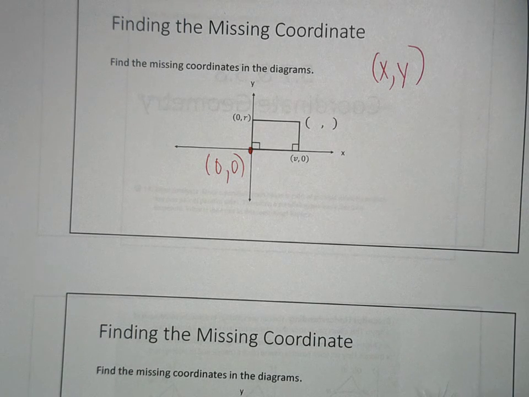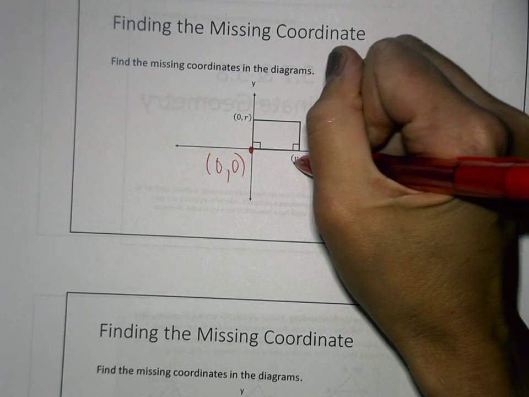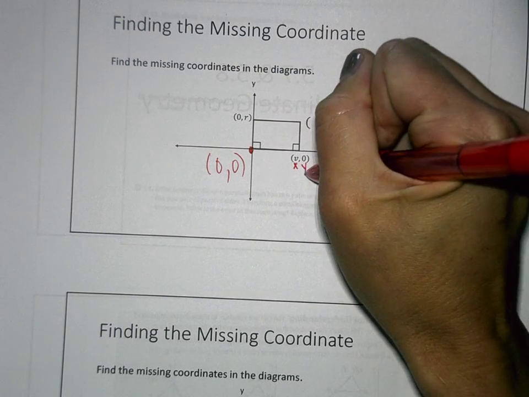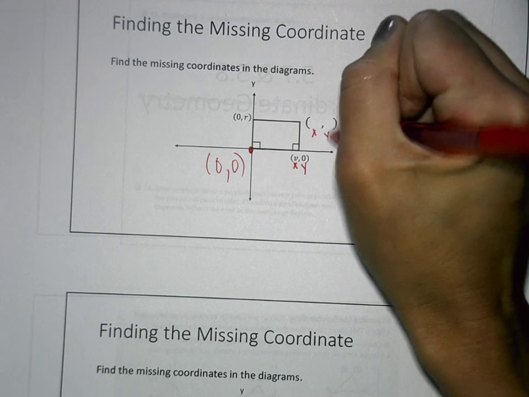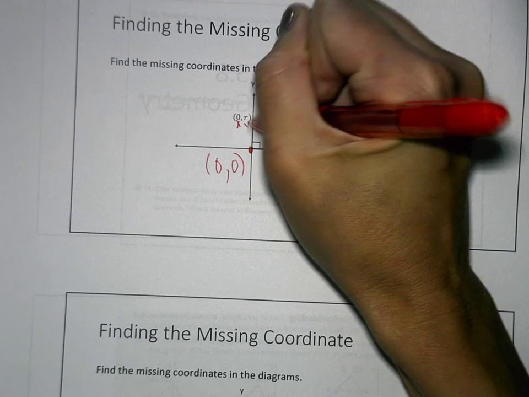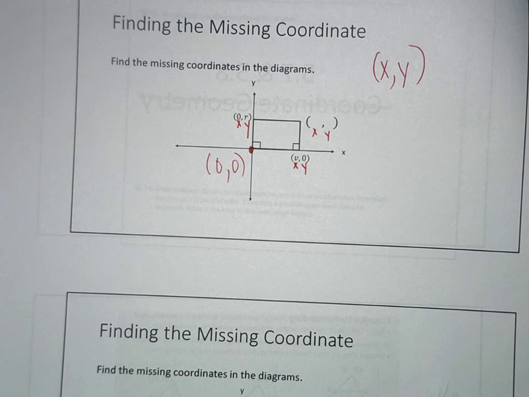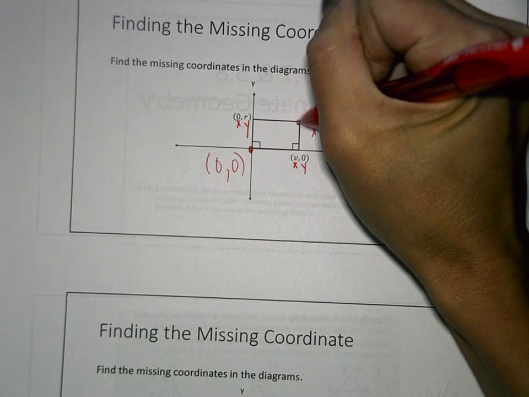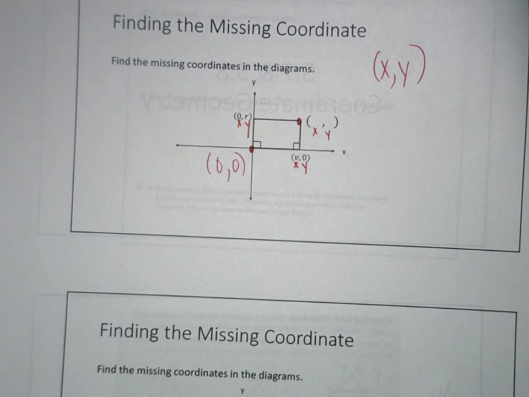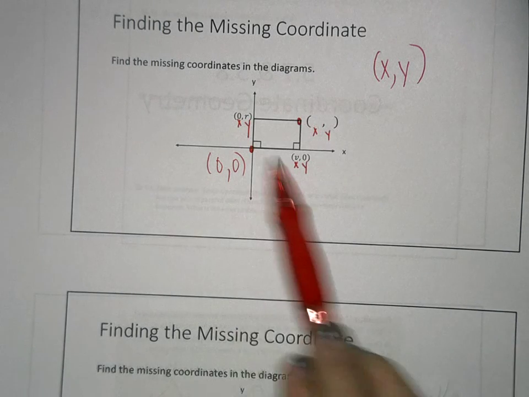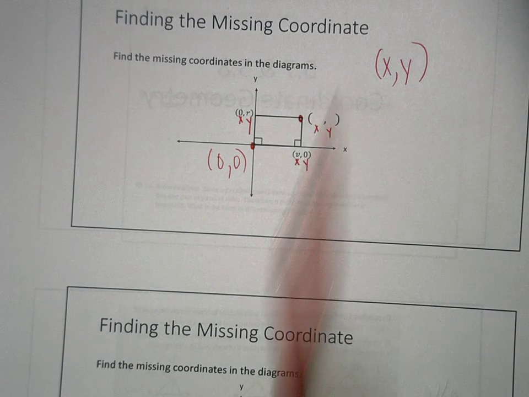Okay? So if I were to go through here, I like to go ahead and write x and y here, and x and y here, and x and y here for each of my points because it helps me visualize exactly what's happening. So they're wanting to know, well, what is that point right there? If you look here, what is the x value at that point?